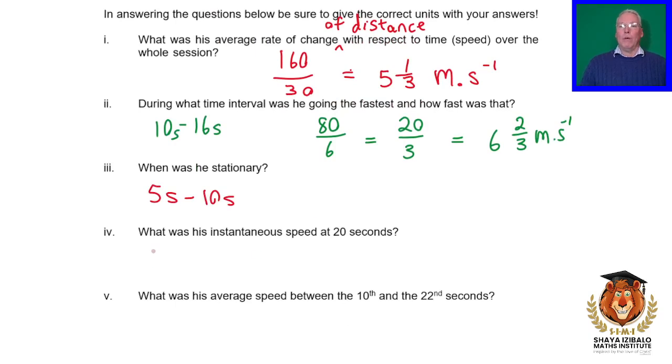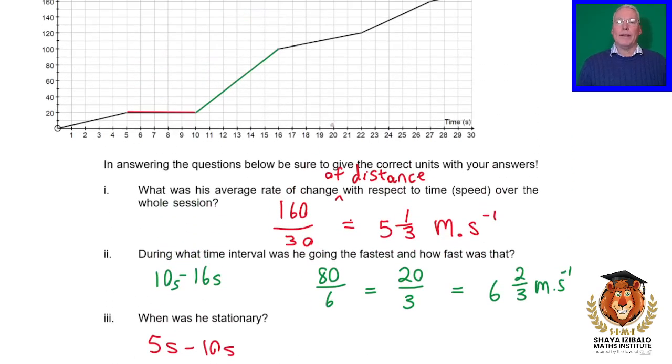What was his speed at 20 seconds? At 20 seconds, that's over here. So what we want to know is the gradient at that point. Because this is a straight line segment, we can just find the gradient of this whole line. Basically it's risen from 100 meters to 120 meters.